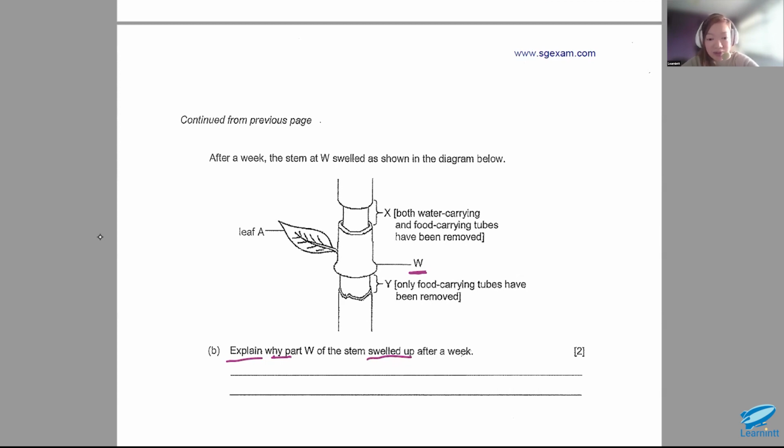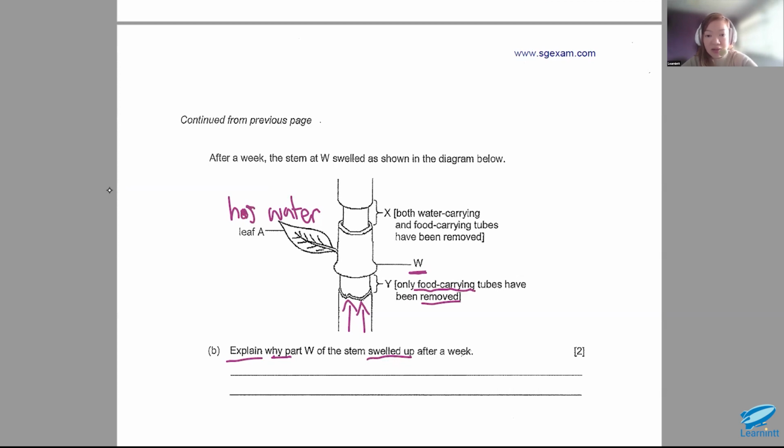Let's look at it from the stem going up again. The water, the food. But the thing is here, food carrying tubes have been removed, right? So leaf A, I'm going to make the same notes, has water again. And then they never show leaf B, so I'm just going to write this.